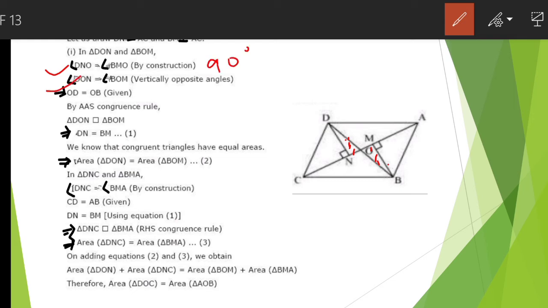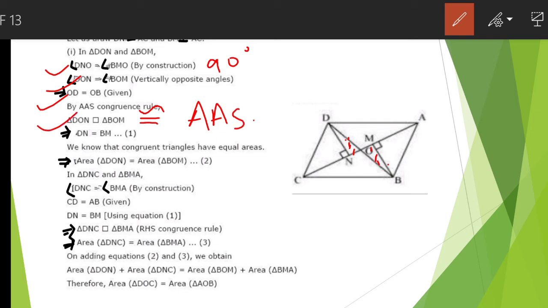Then angle O and angle O are vertically opposite, and OD is equal to OB, given. So triangle DON is congruent to triangle BOM by the angle-angle-side congruency rule.